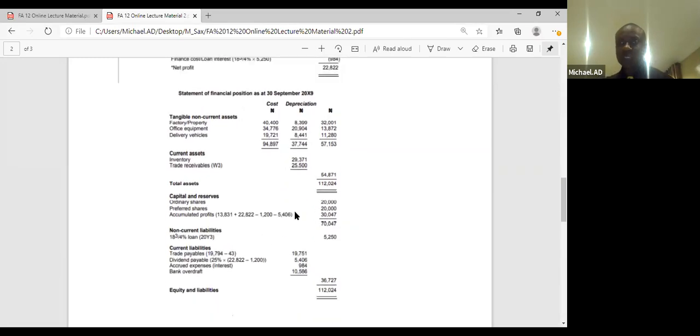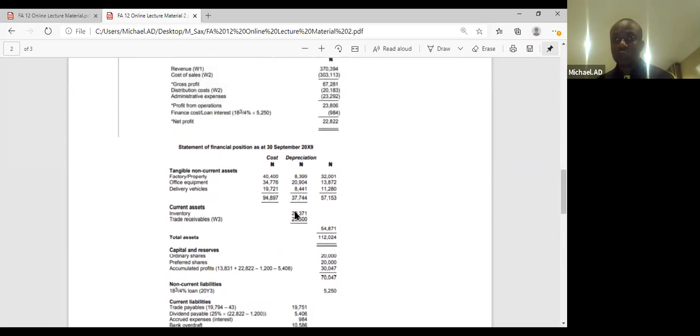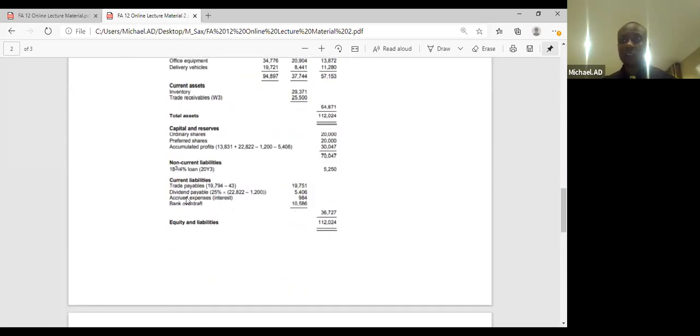So because the question didn't even specify that we paid this amount, basically that was the reason why we are actually accruing it to 984 naira.